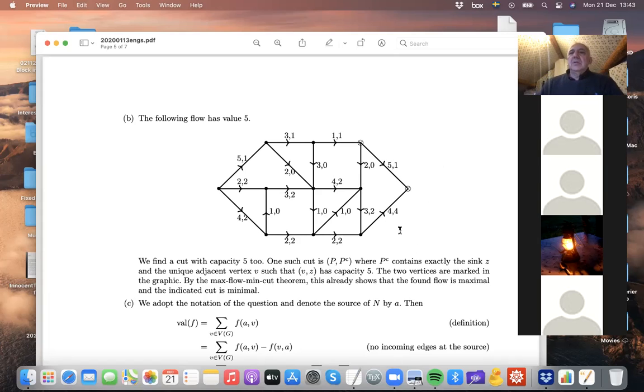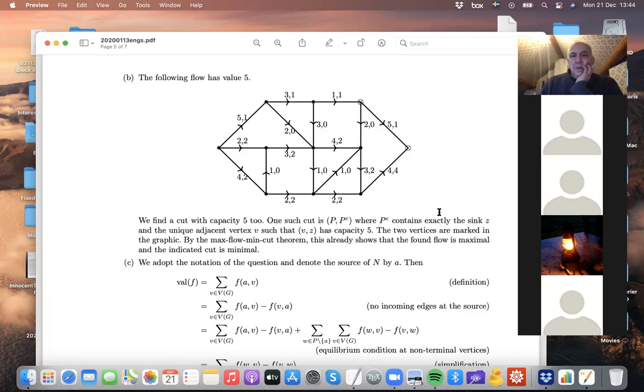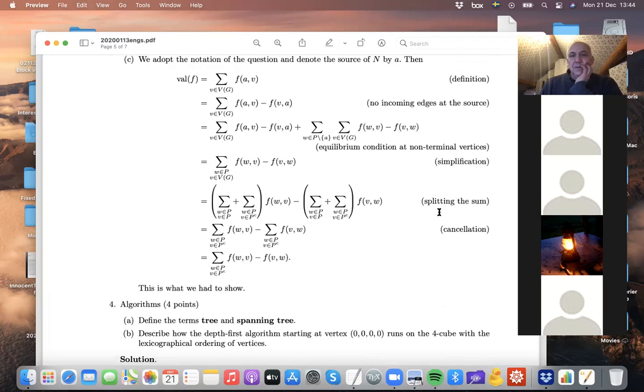Then let's count what is the capacity of this cut. There are 2 edges going from the left side to this set, this edge of capacity 1, and there is another edge of capacity 4. So the total is 5. So that's the minimal cut. Okay, so this is it for this question.